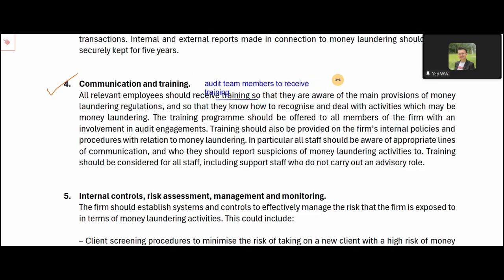It is very important because if the audit team members don't receive training, they may not know how to respond to money laundering offenses. They must know how to respond and what to do when they get suspected money laundering offenses.